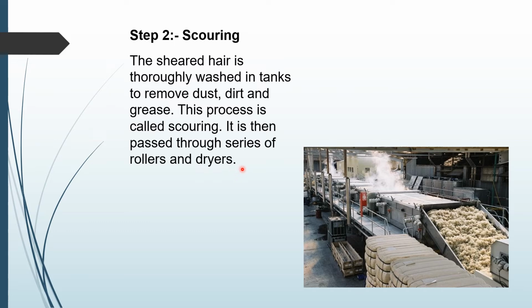Through the rollers it comes out, and we get the dried hair or dried wool. That process is called scouring. Scouring is when the sheared hair is thoroughly washed.